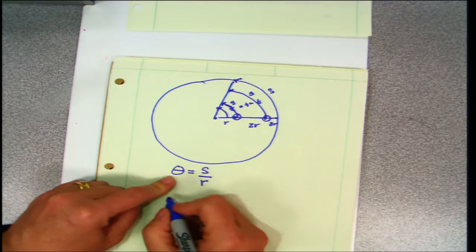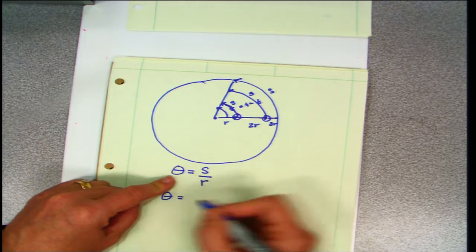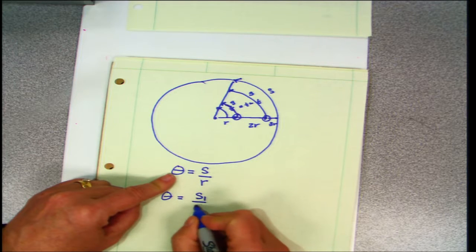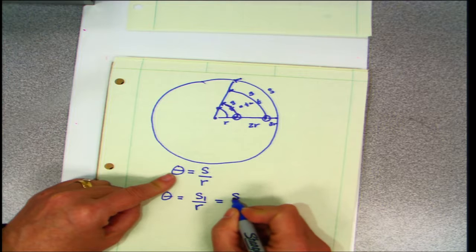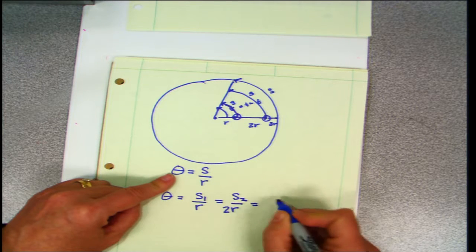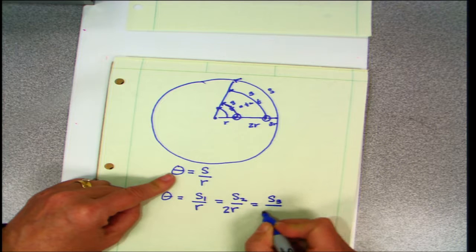So if I solve for S for each one, S1 is going to be R times the angle, S2 is going to be 2R times the angle, and S3 is going to be 3R times the angle.